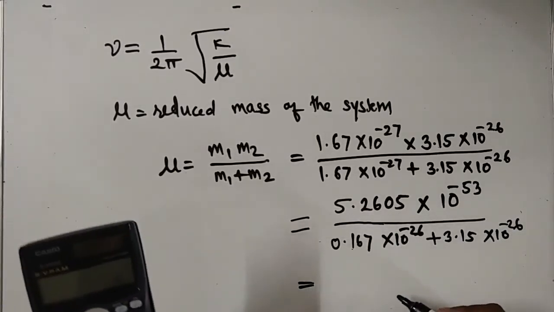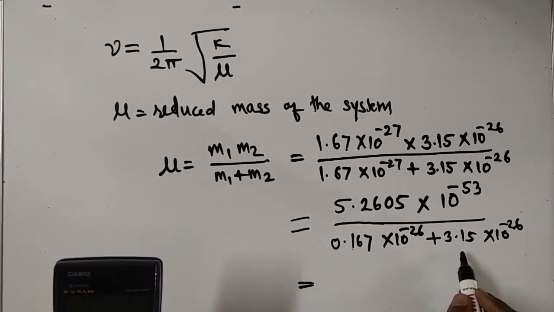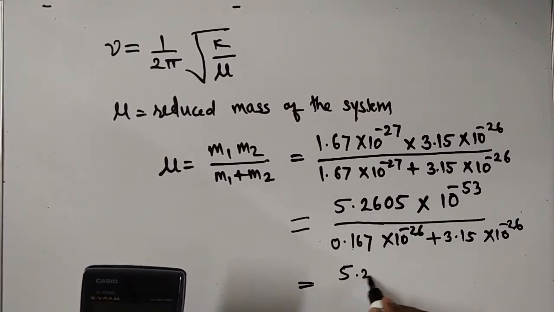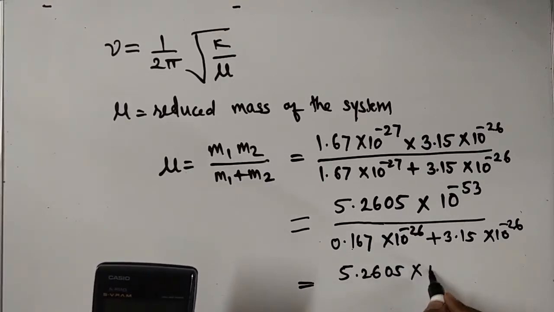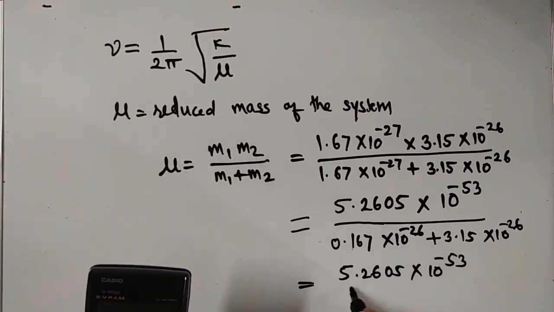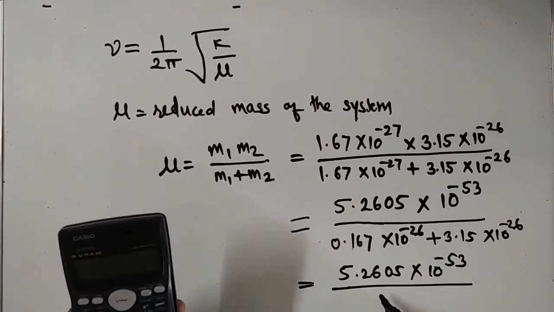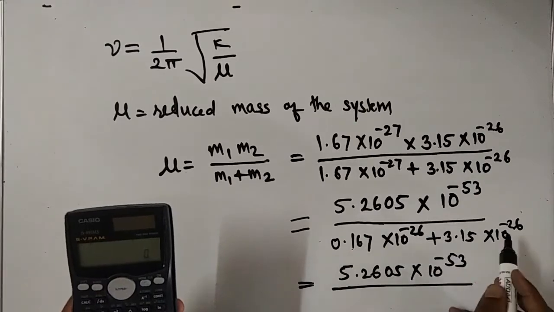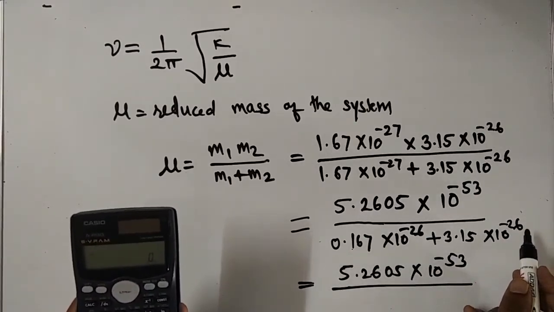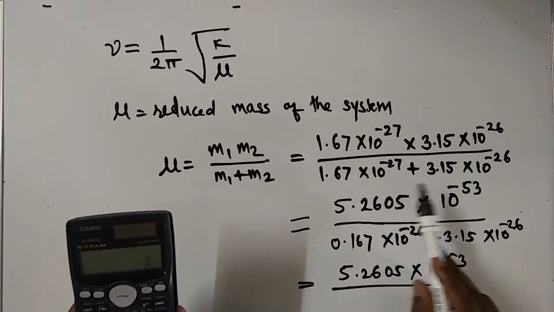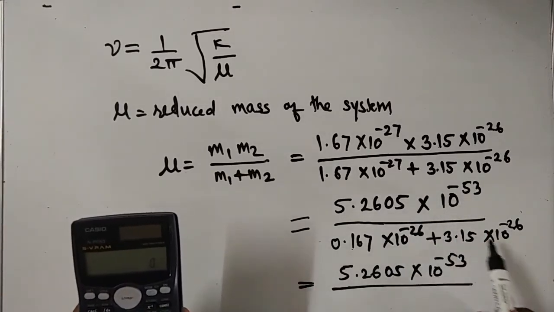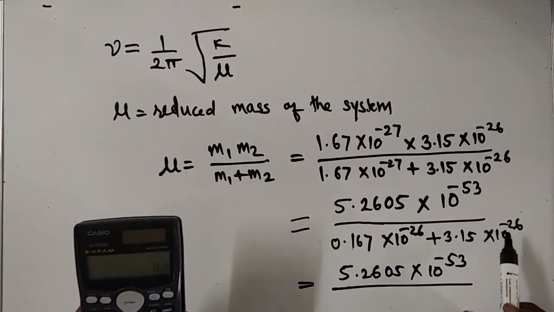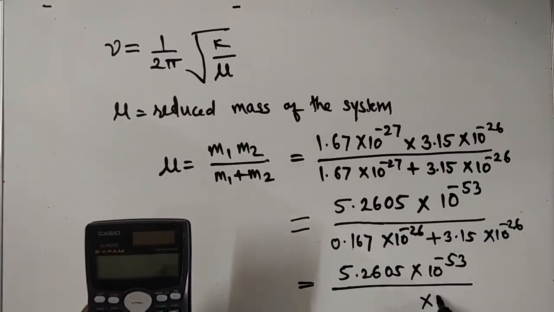Now we can easily take out the common term from the two terms. The numerator I can write as it is, 5.2605 into 10 raised to minus 53, divided by the denominator. Now for the sum of these two terms, we can take out 10 raised to minus 26 common. Before solving this kind of expression, we have to convert it into the same format so that we can take out one term common.